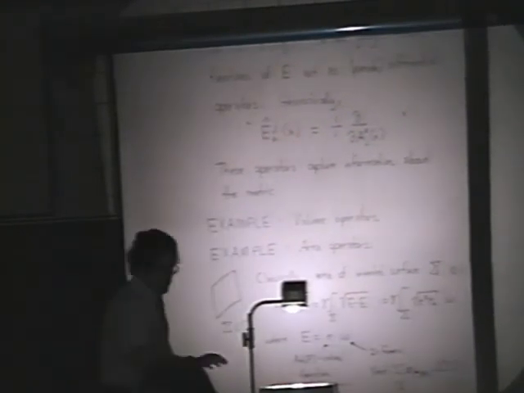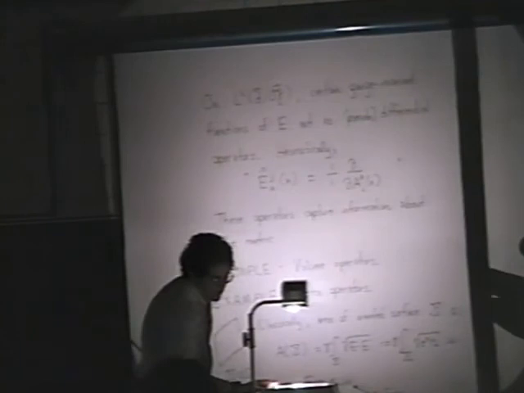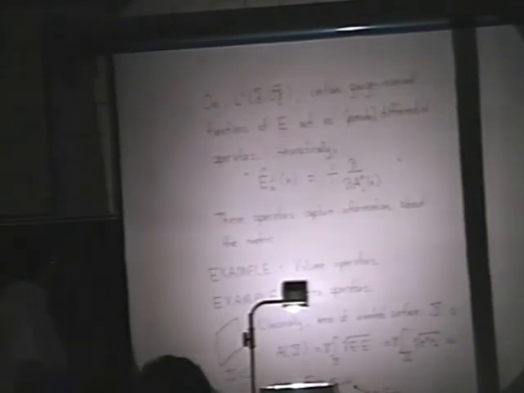there are also even more interesting observables which come from functions of E. So the gauge invariant functions of E you would expect to act as operators, differential operators, or more generally pseudo-differential operators on the space of functions on A bar mod G bar.